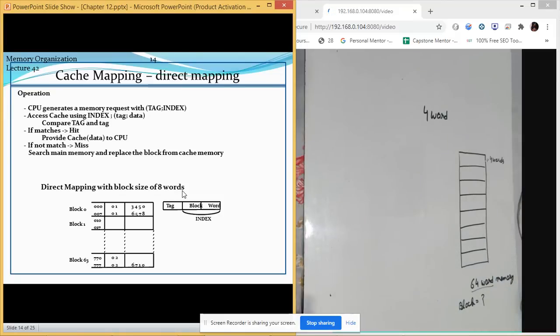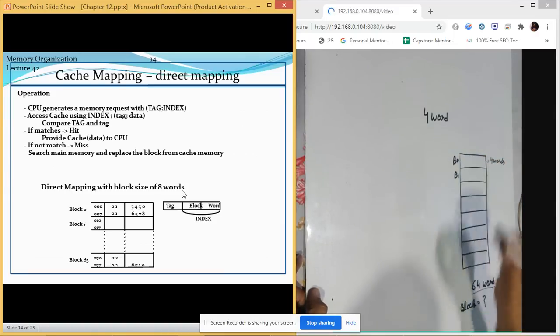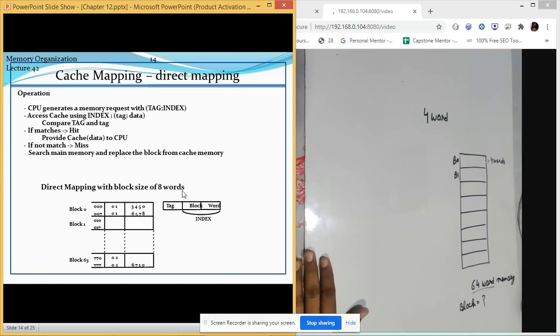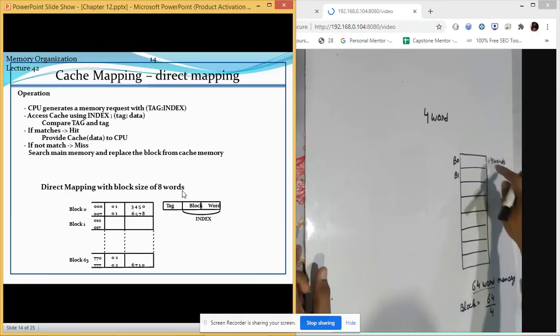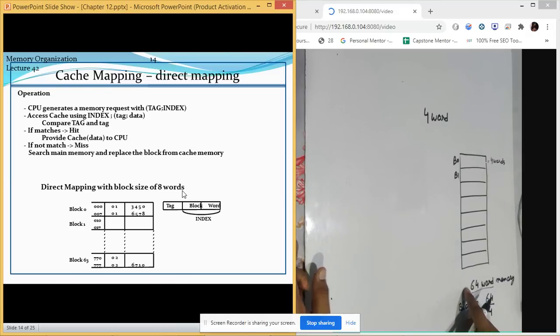So if this is our block number, block 1, b0, b1 and so on, how many total blocks will there be? We can find it out by directly dividing 64 by 4. 4 is the number of words inside one block, and the total capacity of this memory is 64 words.